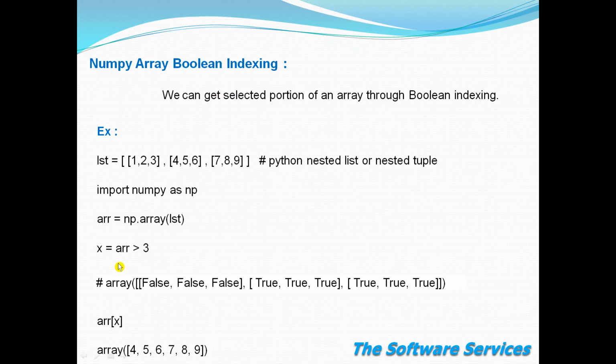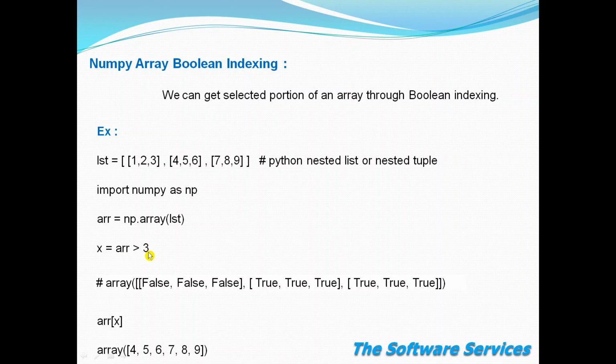After we had instantiated all these things and the 3 by 3 matrix array was created, if you give ARR greater than 3, because a couple of classes back we had discussed that NumPy array supports broadcasting and vectorized operations, the same concept is applied here.